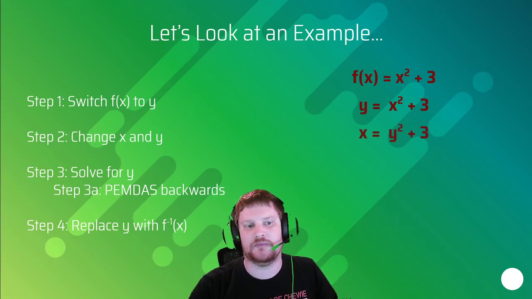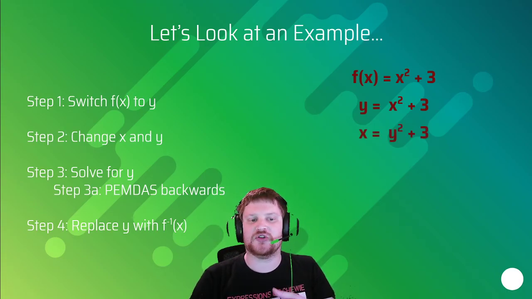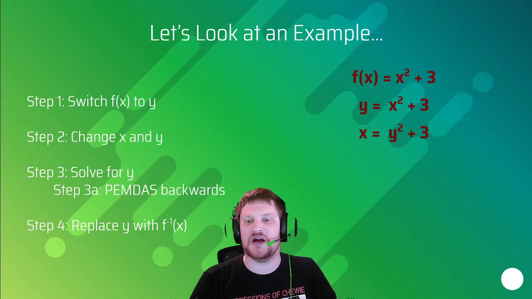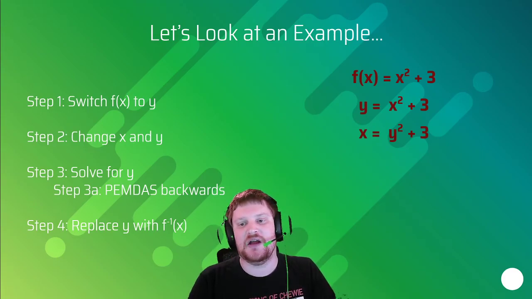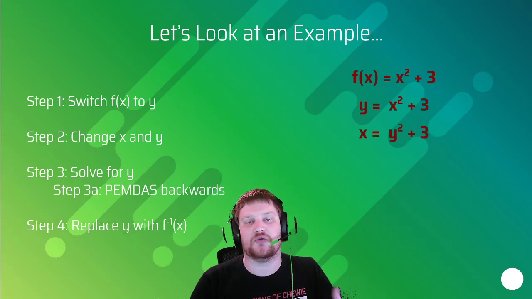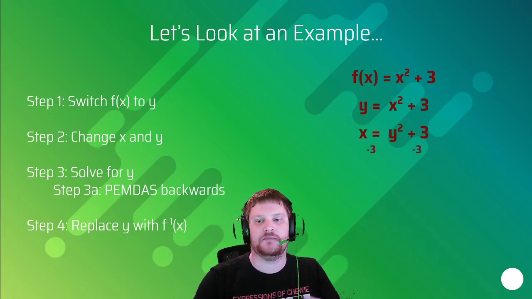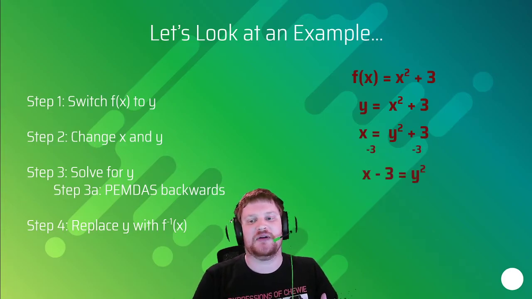Just like so. For step 3, we're going to solve for y. That's PEMDAS backwards. Well, we start with addition and subtraction. I see a plus 3 at the end. The opposite of plus 3 is, of course, minus 3. So we get x minus 3 equals y squared.